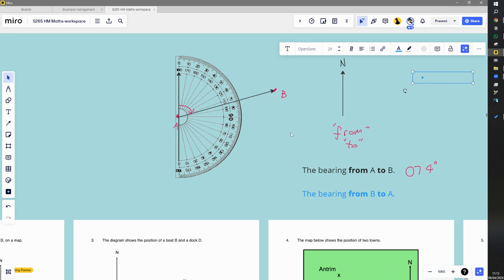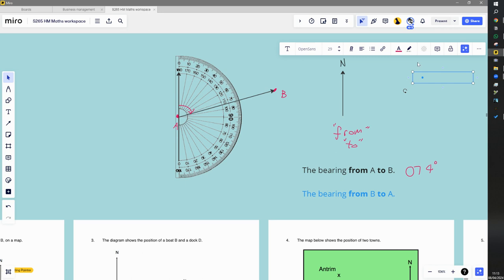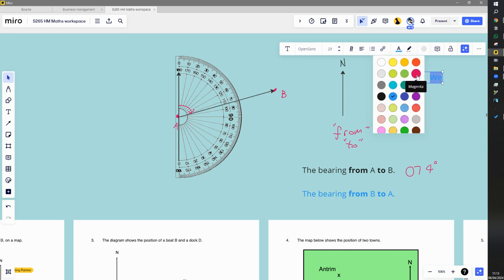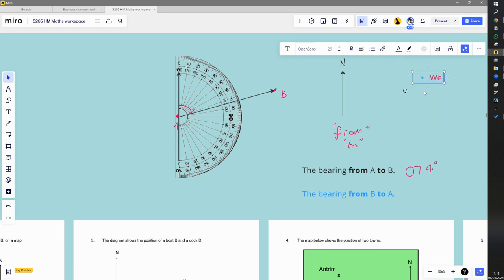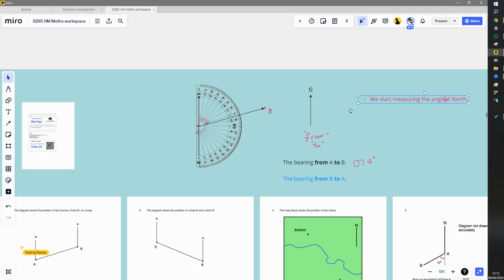The first thing to say is that we start measuring the angle at north.